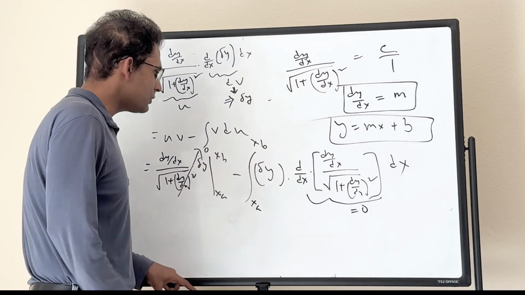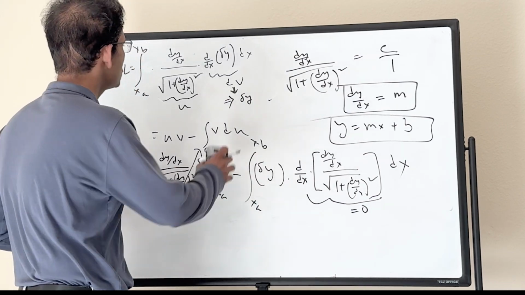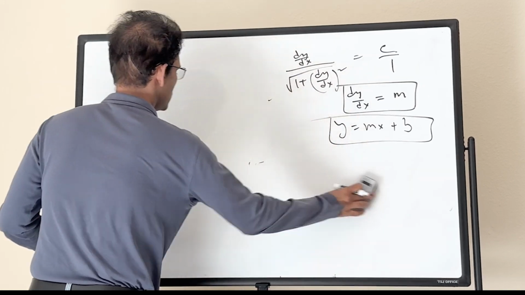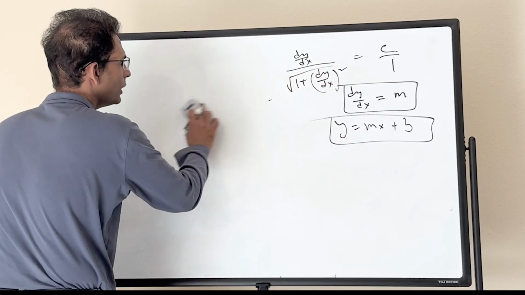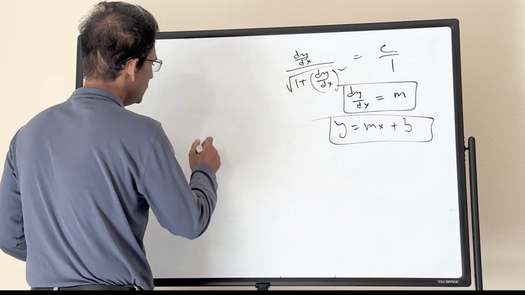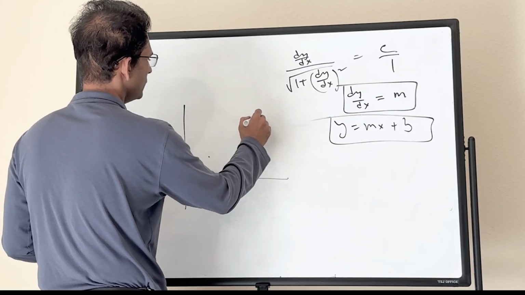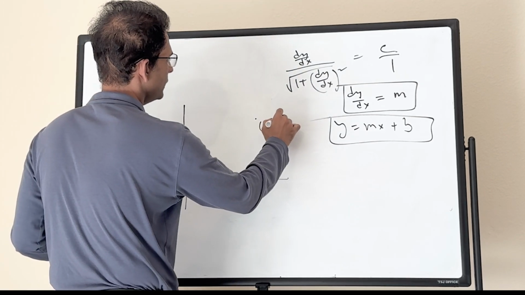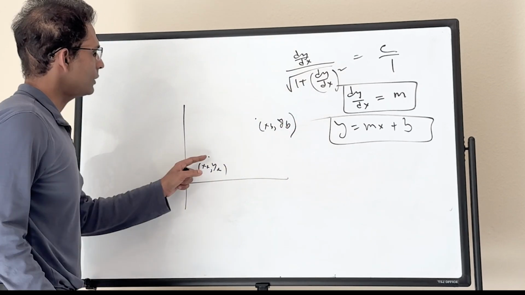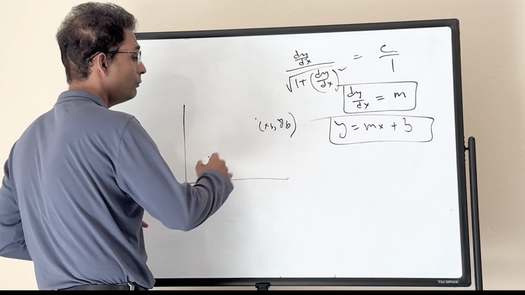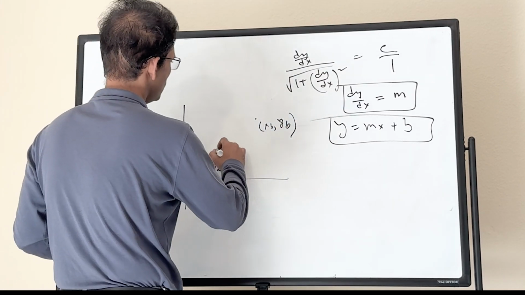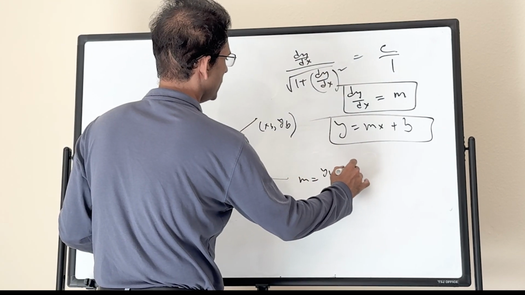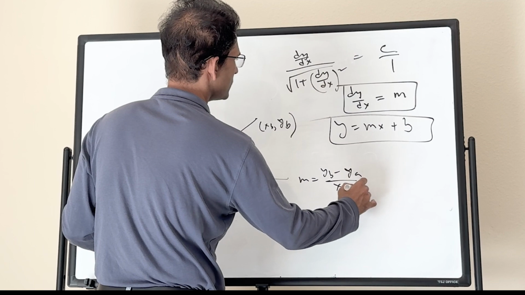So let's write the specific form of the straight line for our problem. Remember, we are considering lines passing through two points with coordinates xa, ya and xb, yb. If we know that it's a straight line, we can find the slope, which is (yb minus ya) divided by (xb minus xa).